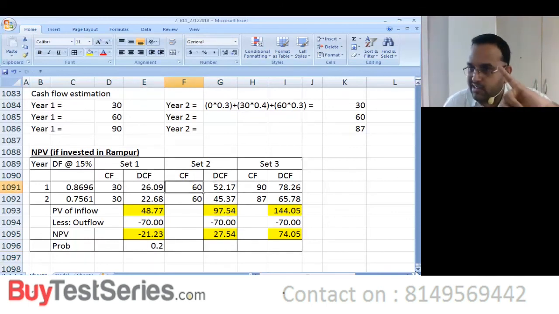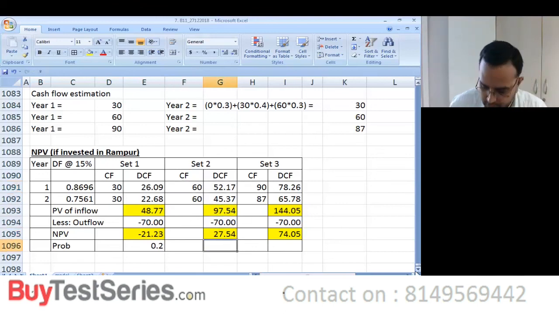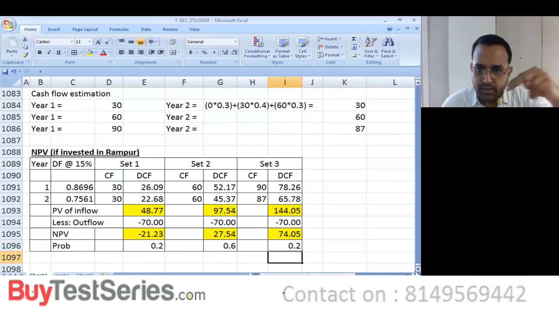Similarly, second NPV, I have to make 60 in the first year. If I manage to get 60 in the first year, don't worry, second year will obviously be 60 only, averaged. And so my net present value will be only 27.54. So I have to take care of only first year. And the first year 60, what is the probability? Which is 0.6. And third scenario, the probability here is 0.2. So instead of saying first year's probability is 0.2, 0.6, 0.2, I will say 3 NPVs' probability is 0.2, 0.6, 0.2.